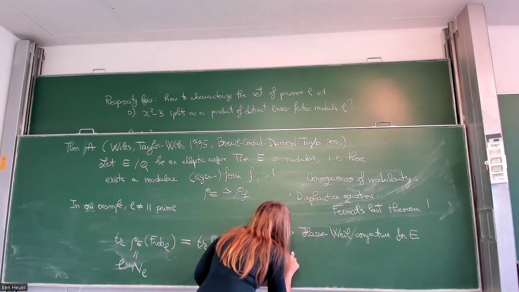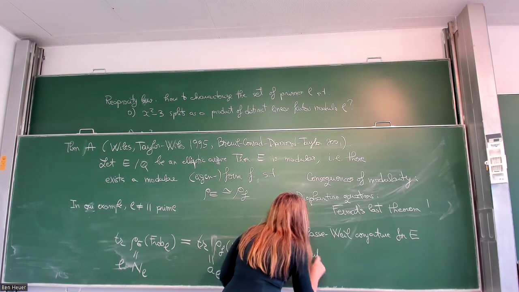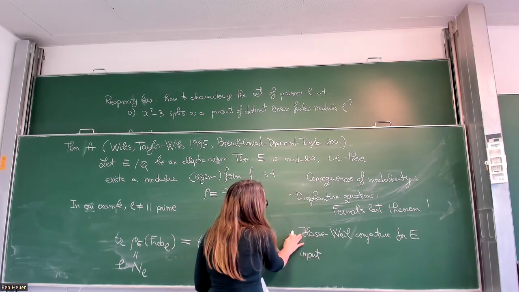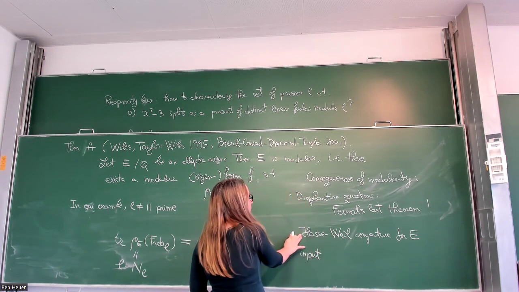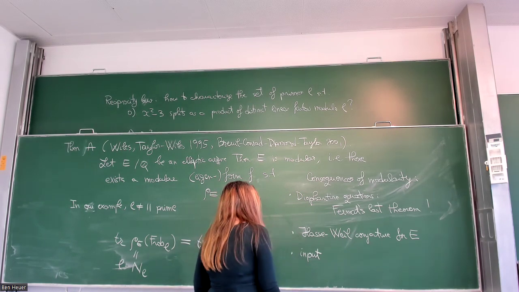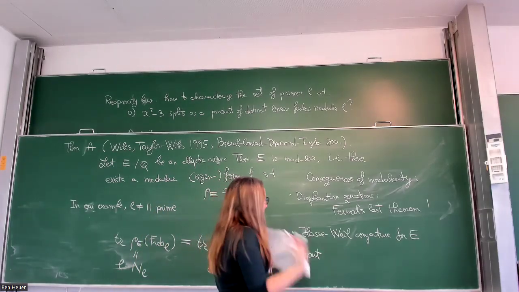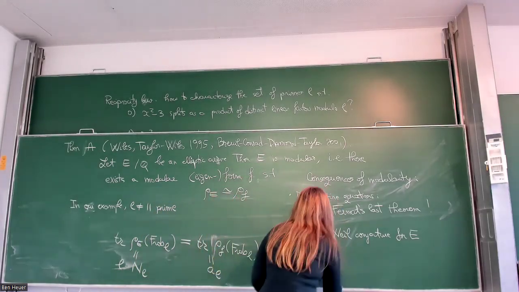Okay, and also modularity of elliptic curves has been an input. So this is needed in order to formulate the Birch-Swinnerton-Dyer conjecture for the elliptic curve E. But it's also been an input in many approaches to BSD.